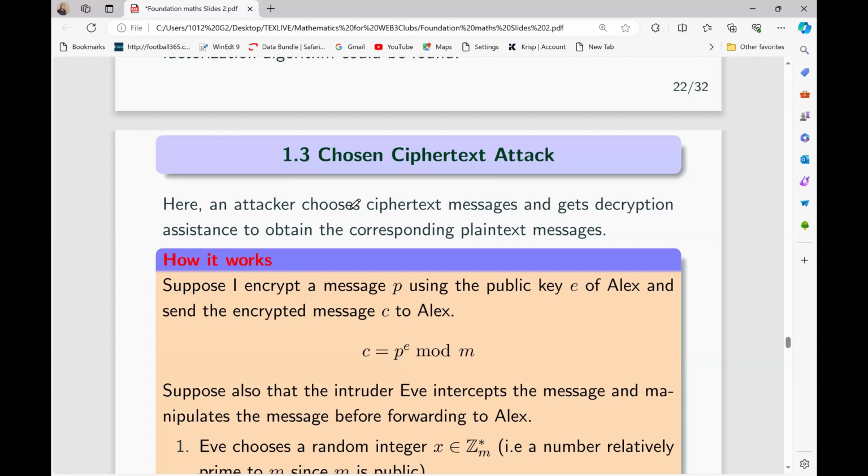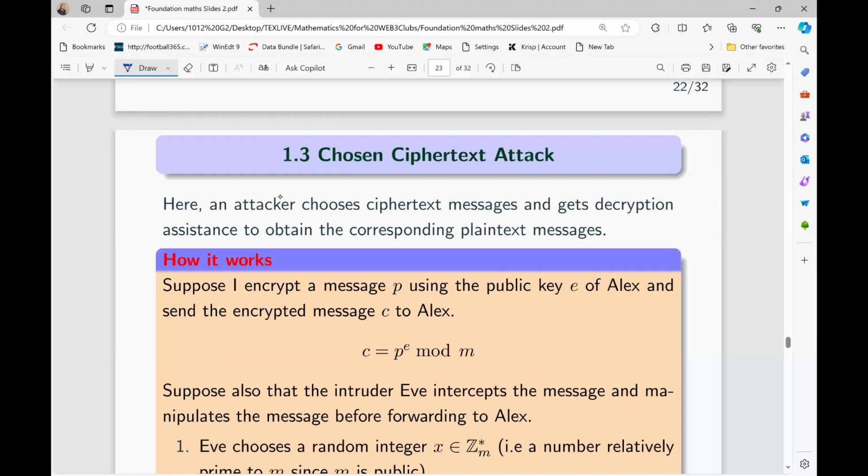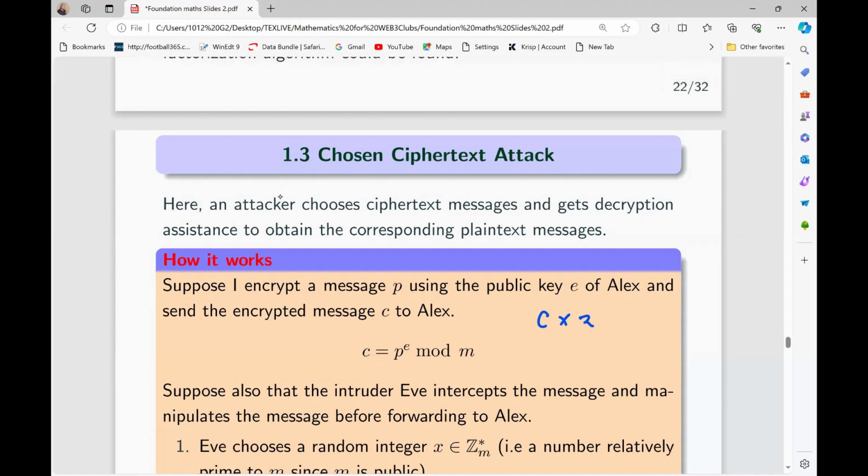So Alex thinks it's me who sent the message, decrypts it, and sends it by some other way to the intruder, or maybe the intruder has a way of getting the decrypted message.